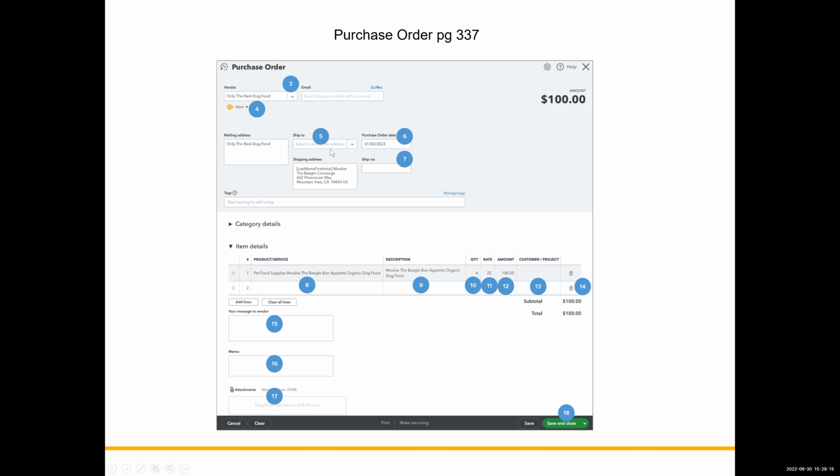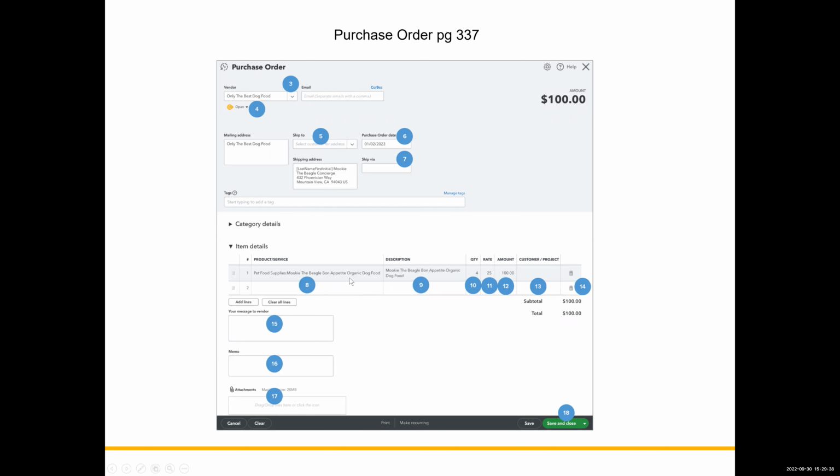It's going to go to your business, Mookie, the Beagle Concierge. So leave that blank. You need the purchase order with the date that you are ordering it, which is January 2nd. And then you go down to item details and put in what you're ordering.